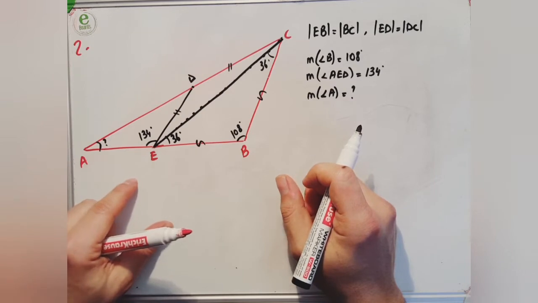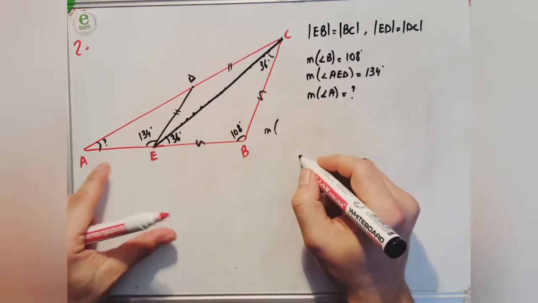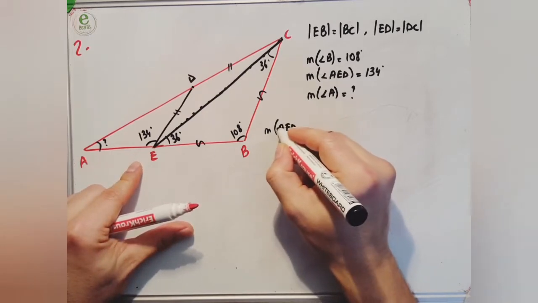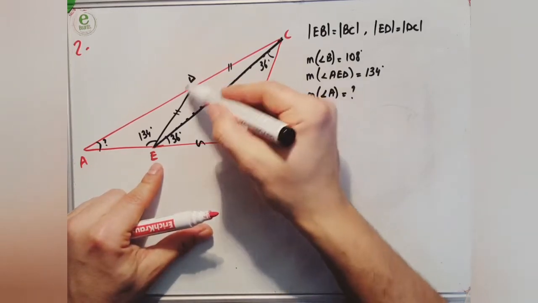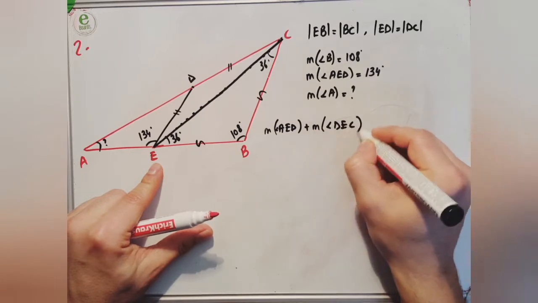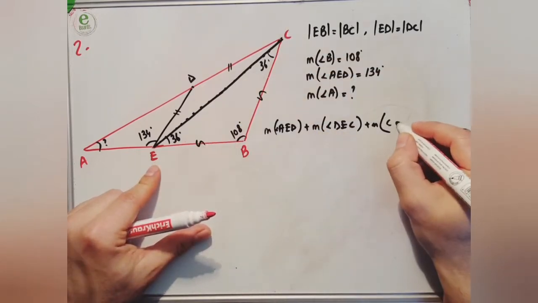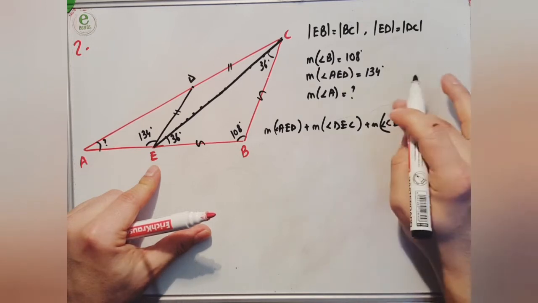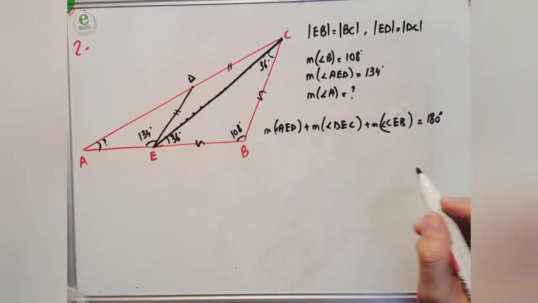On the other hand, we have a straight angle: the measure of AED plus the measure of DEC and the measure of angle CEB is 180 degrees. It's a straight angle.